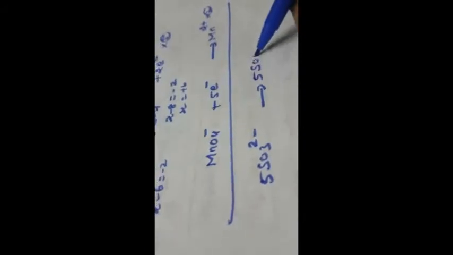What is the general equation here? MnO4 minus plus 5 electrons gives Mn2 plus. So this equation is multiplied by 2 and the other equation by 5. 5 SO3 2 minus gives 5 SO4 2 minus plus 10 electrons.